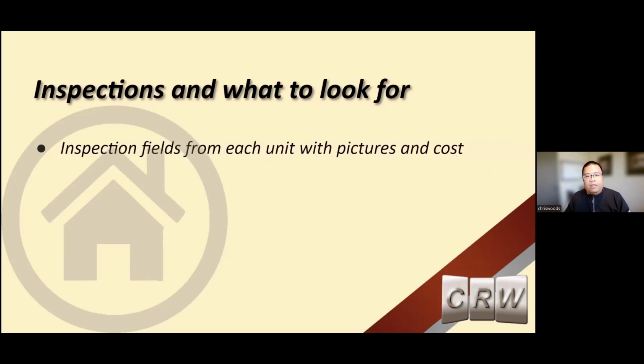When you've done those inspections, you're going to be able to get to the house, take pictures, assess costs, and if there are any issues, you want to be able to create work orders based on those so that you can begin to make improvements on houses based on what you've inspected.